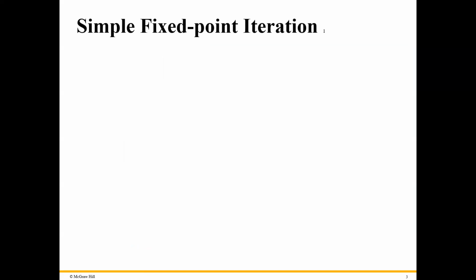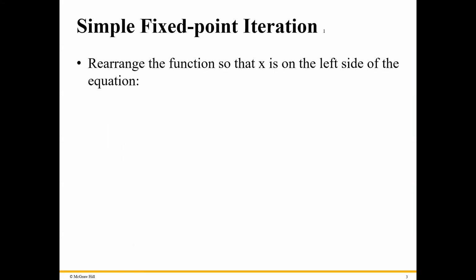So the first one is the simple fixed point iteration method. So the simple fixed point iteration method is the first of the open methods. So how does this method work? This method works by rearranging the function so that x is on the left side of the equation.